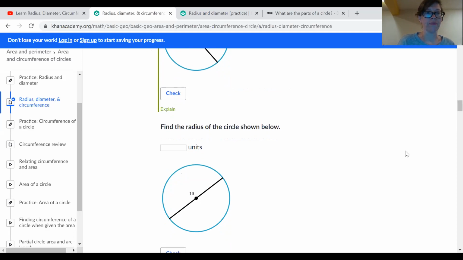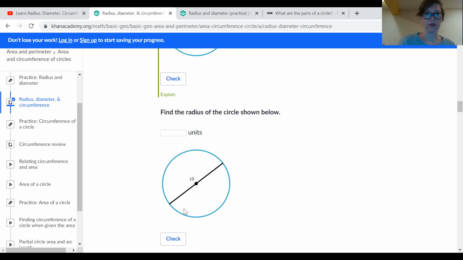All right, so this says to find the radius of the circle shown below. Okay, so we know the diameter is 10, right? So to find the radius, we should be dividing the diameter by 2.